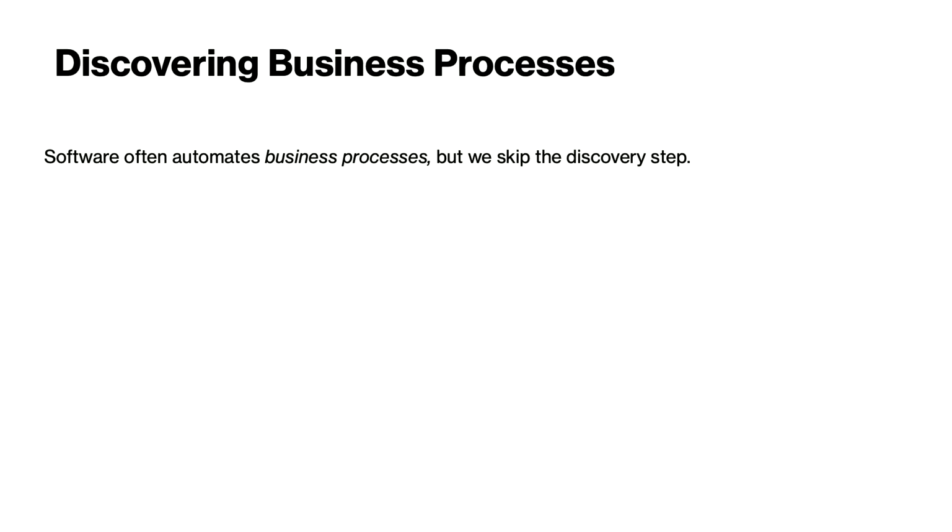All right, how do we discover business processes? Or perhaps the first question is, why would we care? Often in software, the developers and the product team sit down and say something like, we need to write some software to take orders from customers for pizzas.